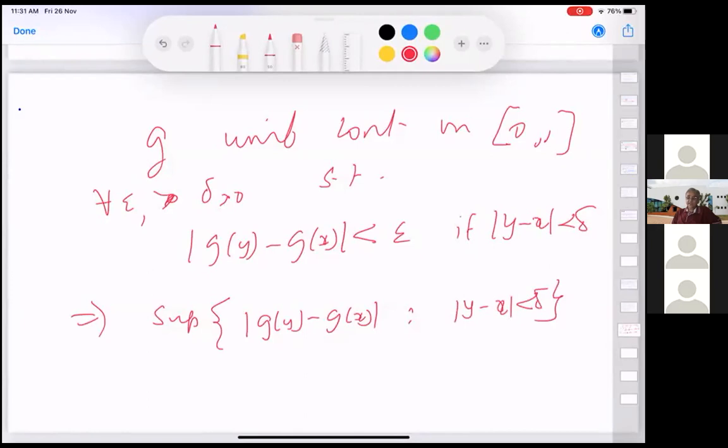The only thing is it may not be strictly less than epsilon, it can be at most epsilon. So the supremum is at most epsilon, that's all. Okay, sir.